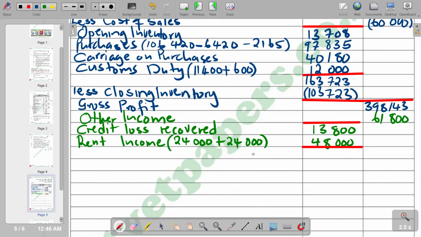is 459,943. And of course, we can underline on this part. So this is what we have basically.